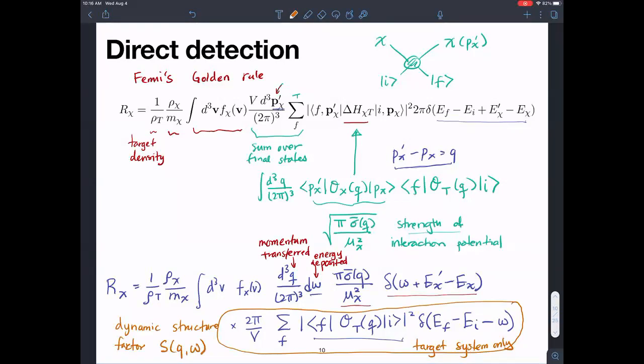So basically the interpretation is that the dark matter part, in the first line, comes just from kinematics and the interaction strength. And then given that allowed phase space, this function S of q omega tells us how the target system will respond to a given energy and momentum transfer.